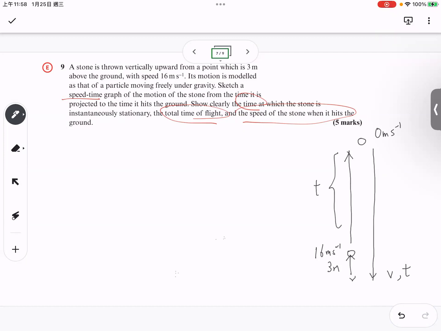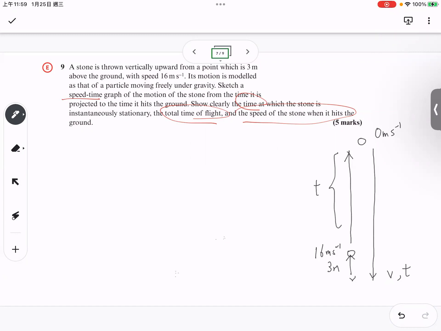That means we do not have the velocity at the last moment, and we do not have the t of it. So we need to make sure that we get a, s, and u for these three situations. Okay, now, first of all, I want you to find out the t first, for when it reached the highest point.